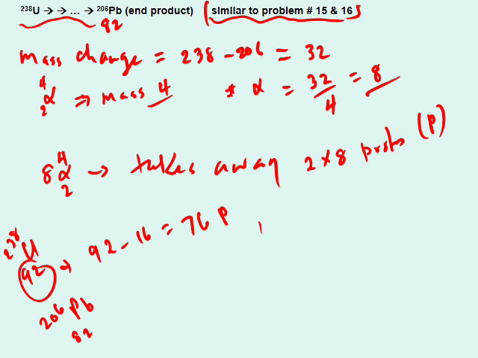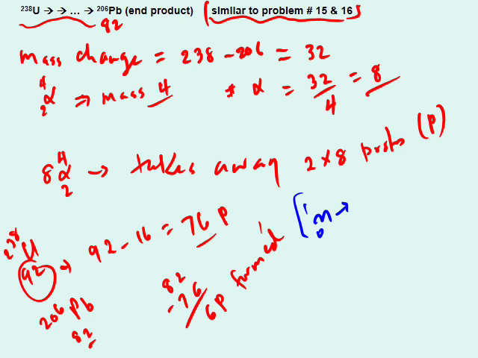Since it has 82, not 76, we must have extra protons after the 8 alpha particles get out. Let's figure out 82 minus 76. So there must be 6 new protons formed. Beta emission can convert a neutron to a proton in the nucleus. Let me remind you, this is a neutron.